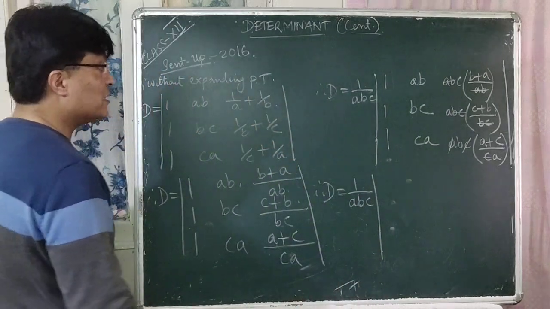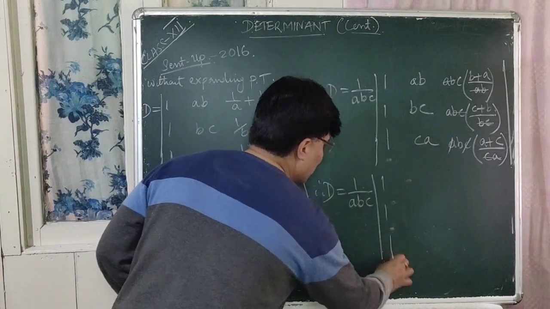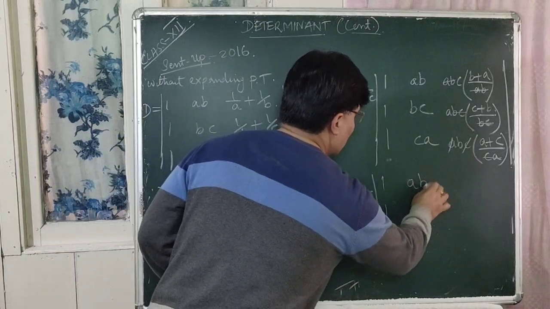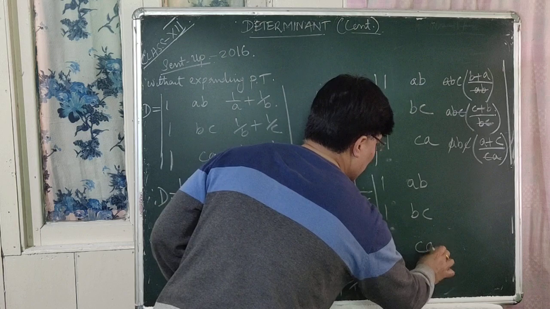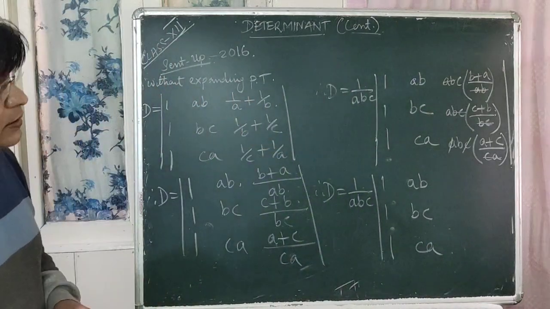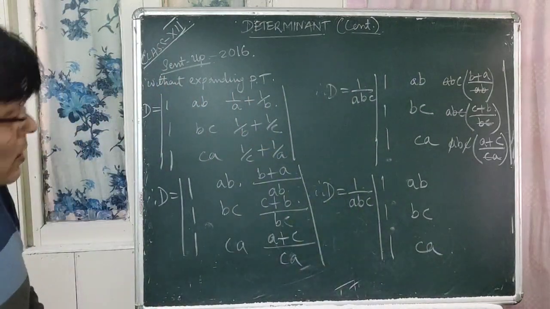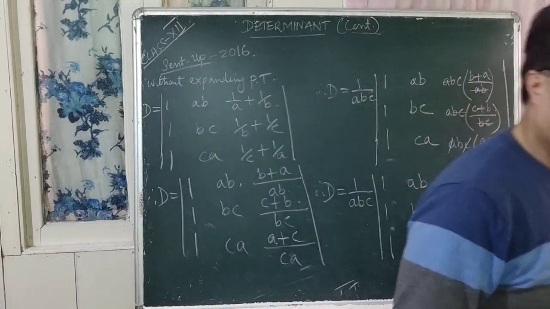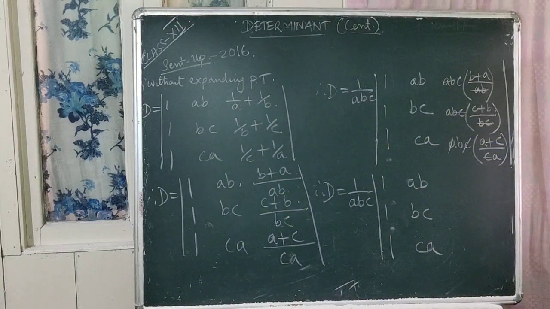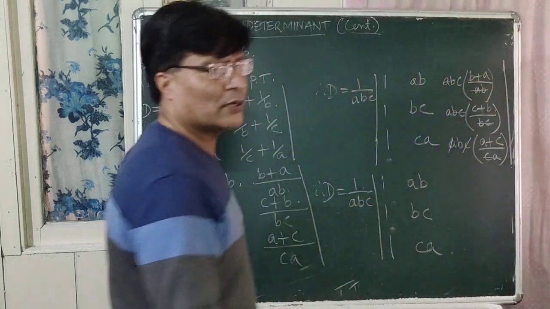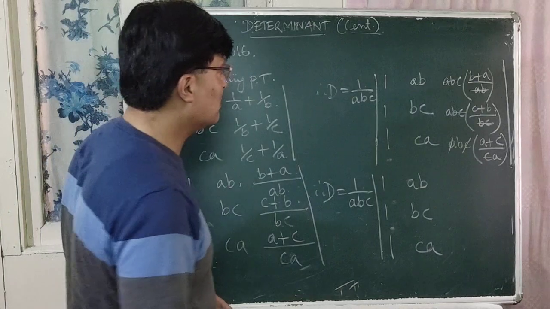So therefore D is equal to 1 upon ABC. First column remains the same, that is 1, 1, 1. What is the second column? AB, BC, CA. Now what is the third column here? In this third column you can simplify the terms.